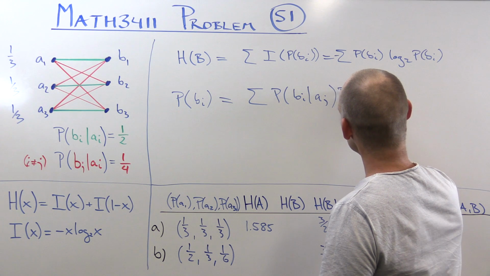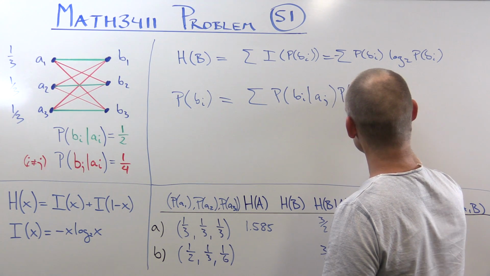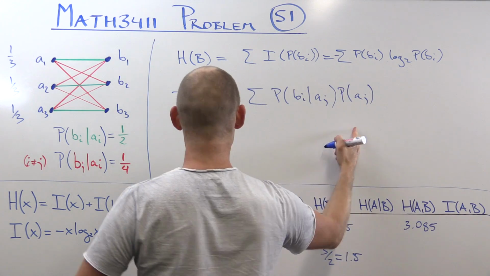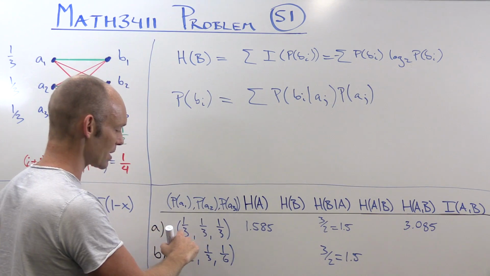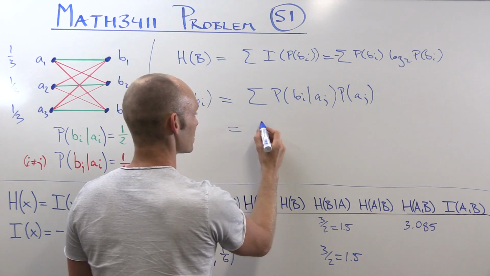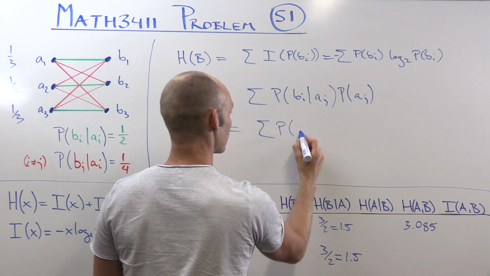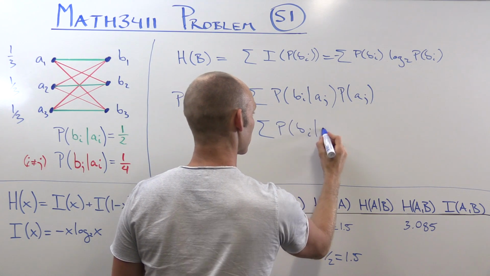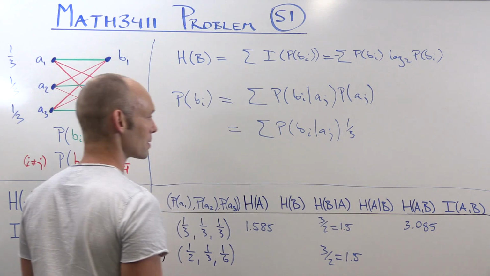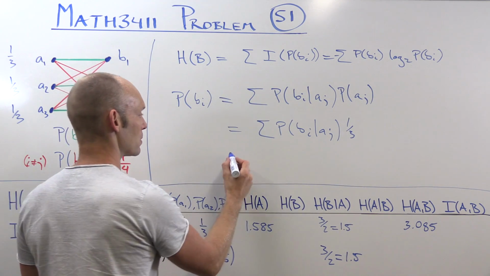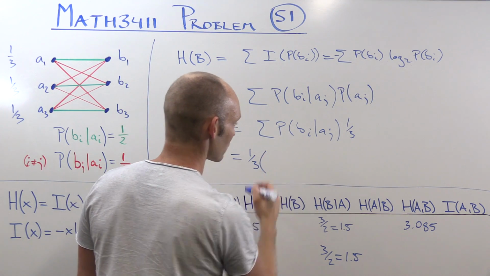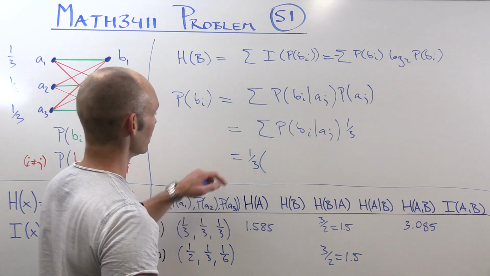And multiply that by the probability of getting a_j, and there you go. Now, again, in this case, the probabilities are the same for all the a's. So this is equal to just P of b_i given a_j times a third.